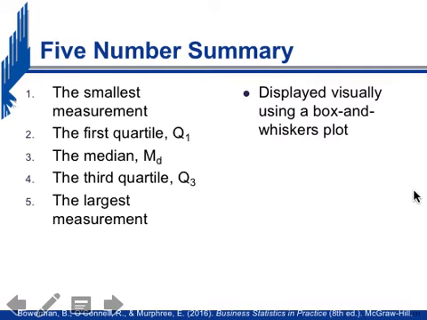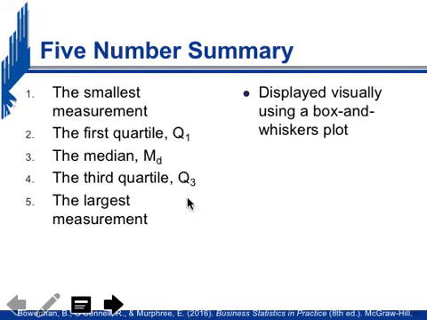Now, another way for us to describe the dataset is through a 5-number summary. Actually, this is a visual method or a visual way of describing the dataset. However, we can only discuss this now after we have discussed the concept of percentiles, because the 5-number summary uses the smallest and the largest measurements and the first, the second, and the third quartiles.